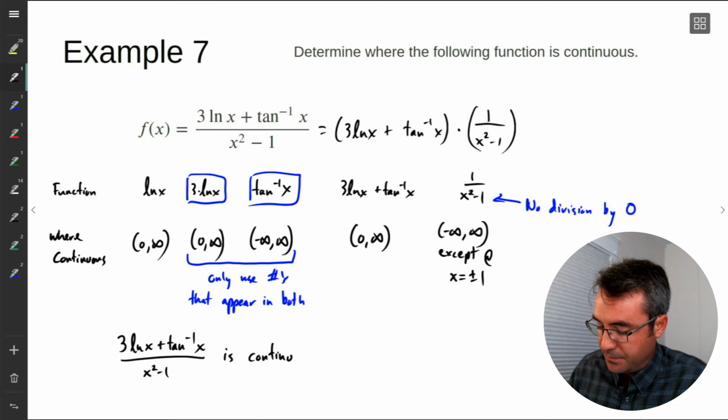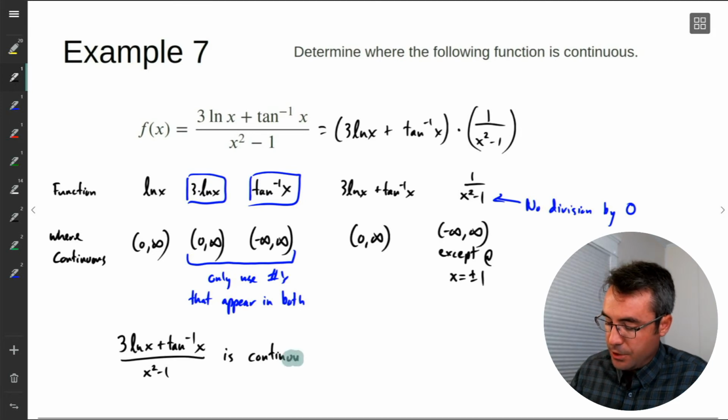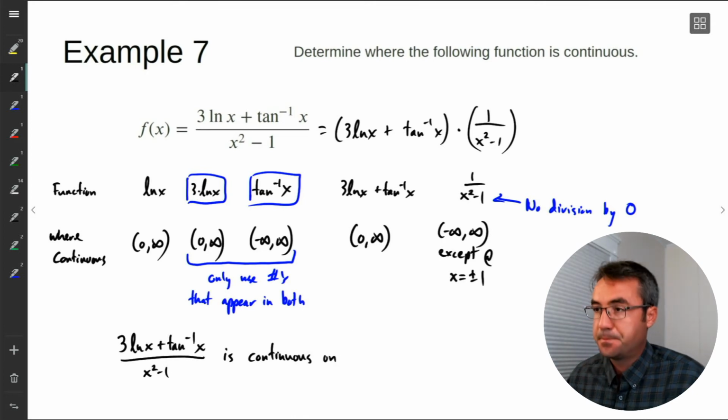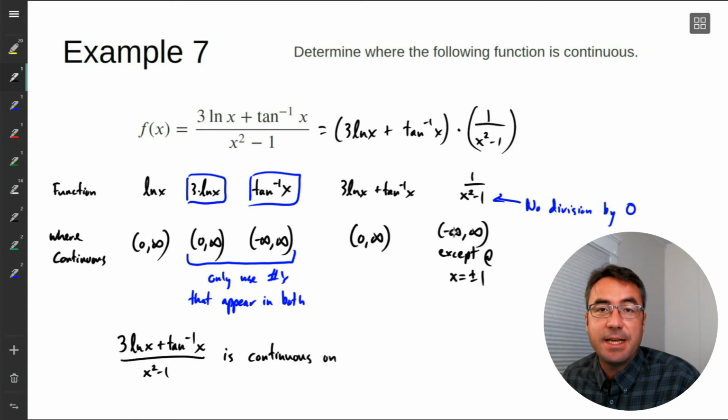Again, we have to only use the numbers that appear in both. We have this interval from 0 to infinity for the first piece, and for the second piece, it's everything except positive 1 and negative 1.